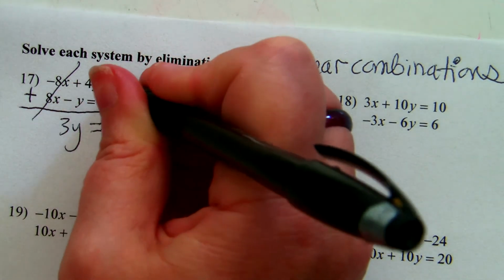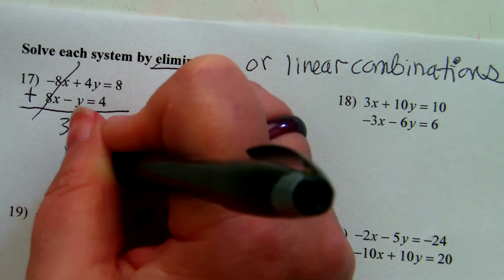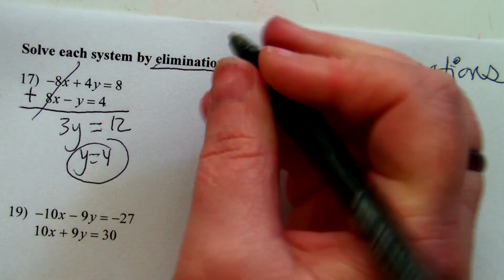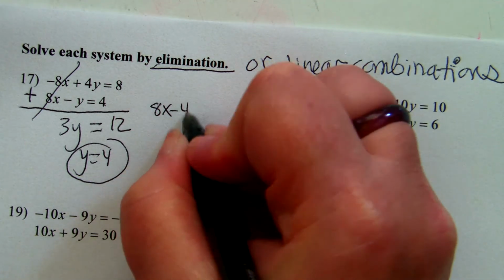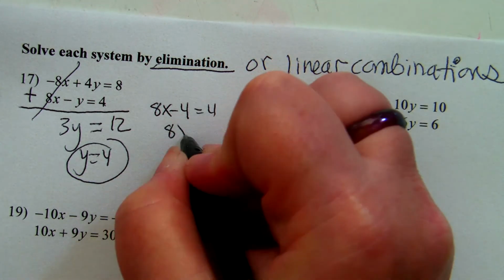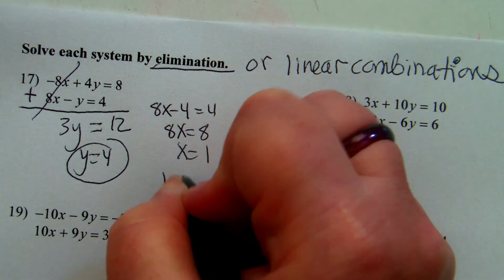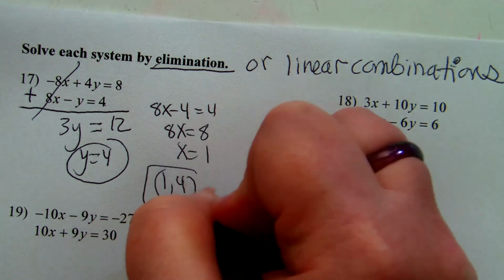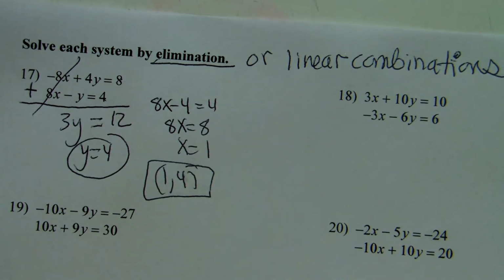And 4 plus 8 is 12, so y equals 4. Then you substitute it back into one of the equations. 8x minus 4 equals 4. 8x equals 8, x equals 1. You write your answers as ordered pairs always when you're solving a system of equations.